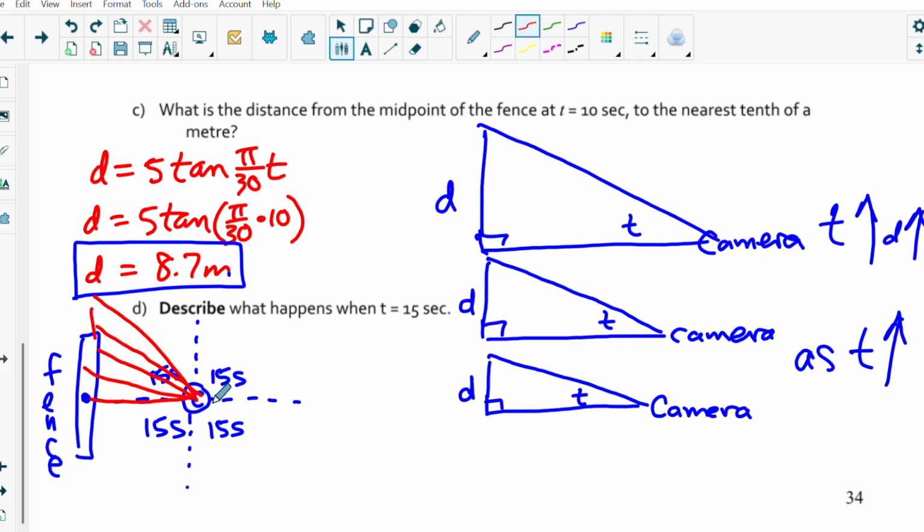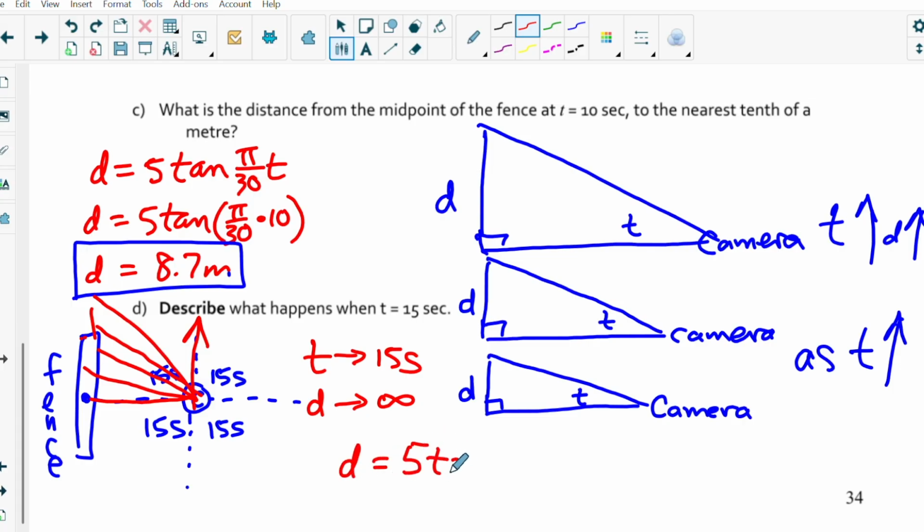The d value keeps going up, but when I have the camera pointing this way, what is the d value? As t approaches 15 seconds, the d value, the distance across the fence, approaches infinity. I can show that with my equation.